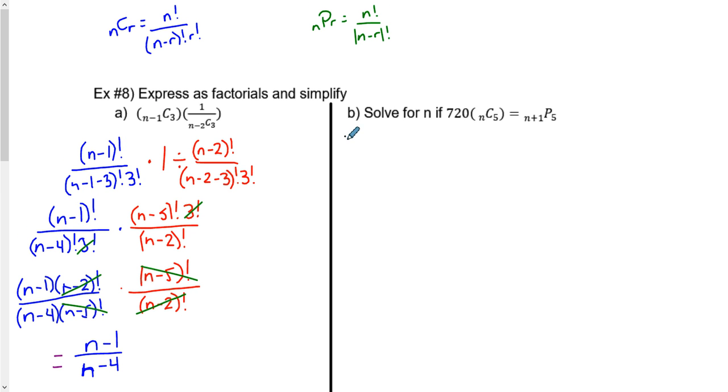We have 720 multiplied by nC5. So nC5 means n factorial over n subtract 5 factorial, 5 factorial, equals n plus 1 P5.